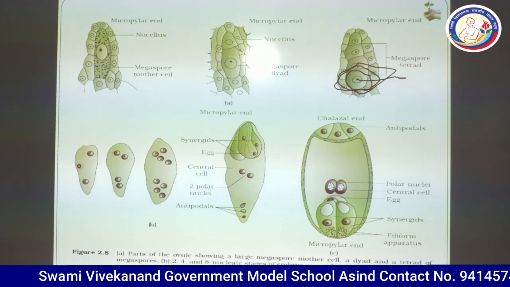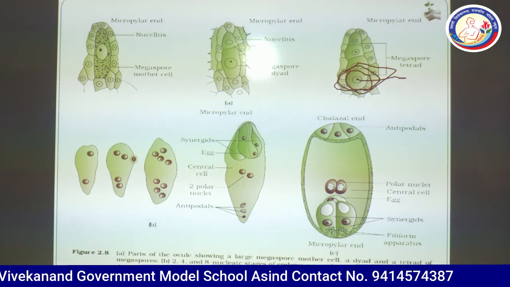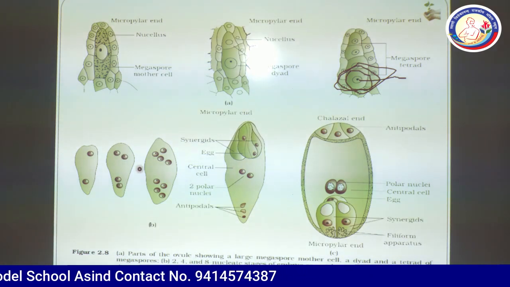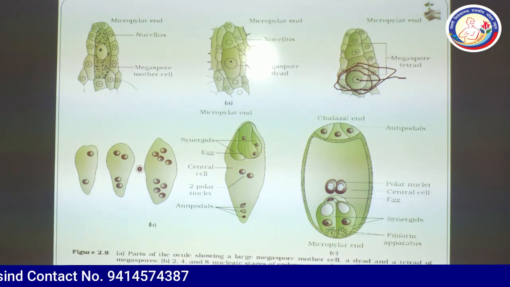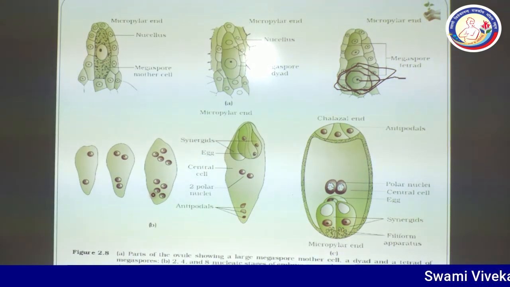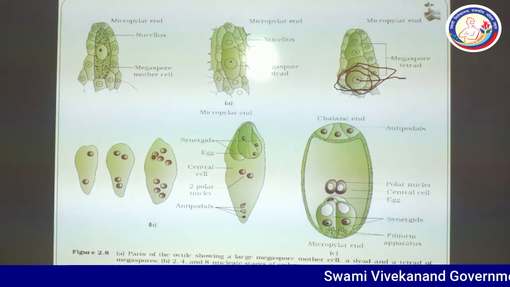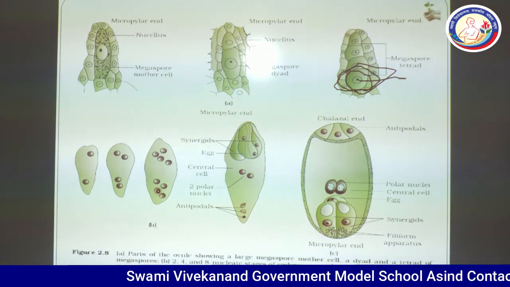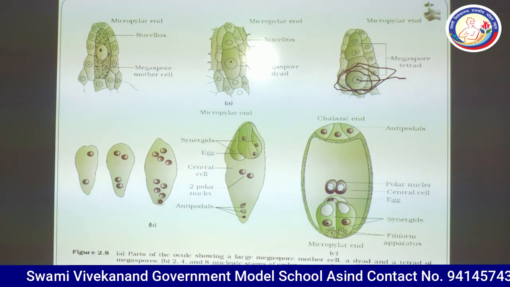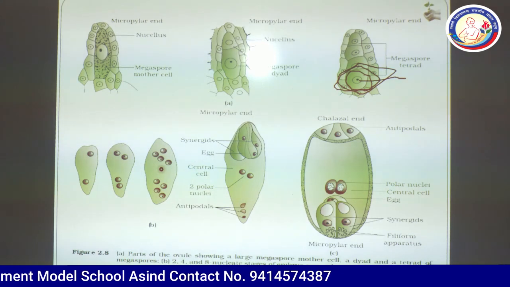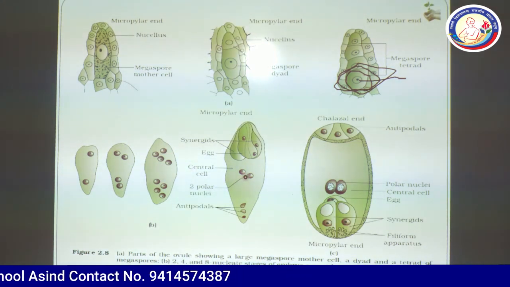Afterwards, the second mitotic division results in the formation of 4 nuclei, 1, 2, 3 and 4 here. And after the third mitotic division, there are 8 nuclei in the embryo sac, out of which 3 nuclei go towards the chalazal end and 3 nuclei go towards the micropylar end, while 2 nuclei come to the central part of the cell.